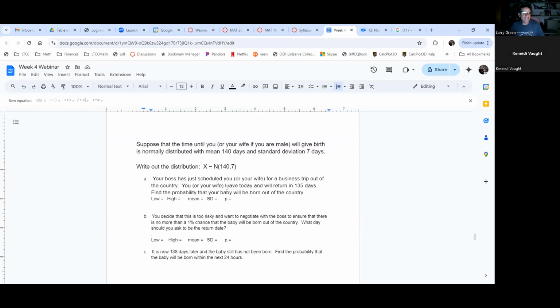What is the lowest number of days your baby could be born to be born out of the country? There are actually 2 answers to this that will work. One is like real life and the other is not real life, but both work. What's the lowest number of days if you're leaving today for the baby to be born out of the country?